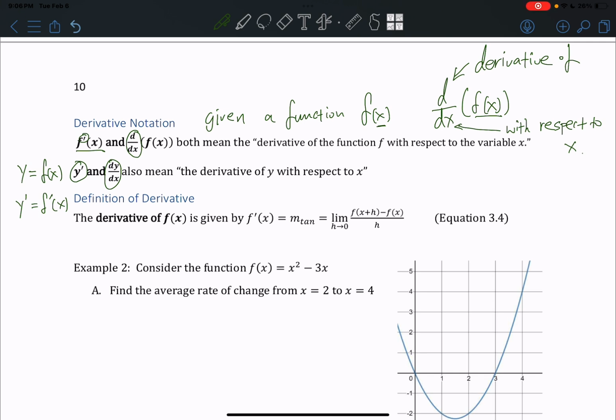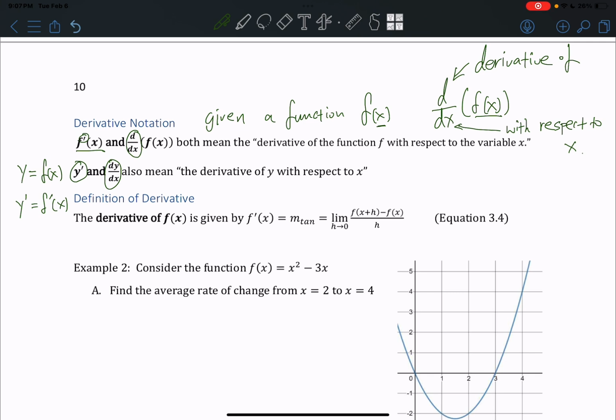All of these, y prime is probably the least meaningful, just because you have almost no idea what the derivative is taken with respect to, right? All of the other ones almost clearly indicate that the derivative is taken with respect to x, but y prime doesn't have that information.